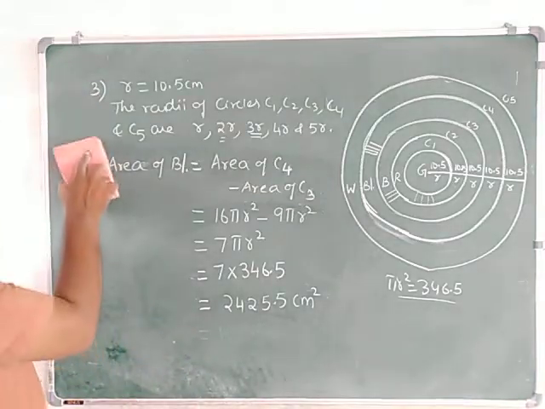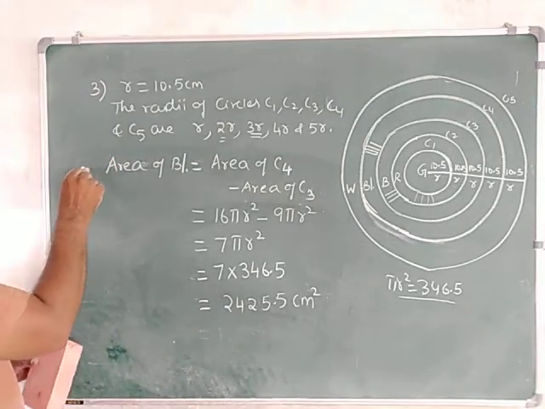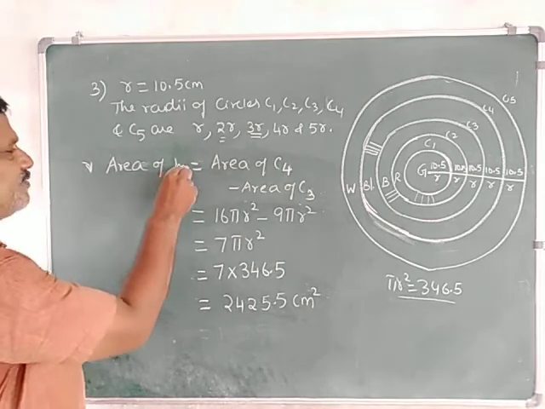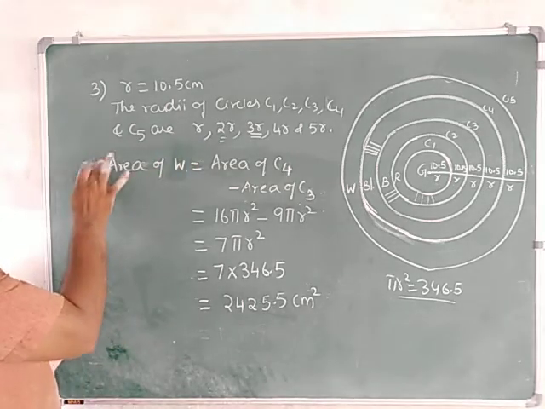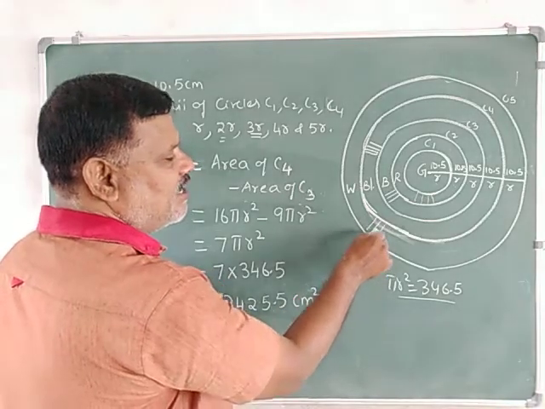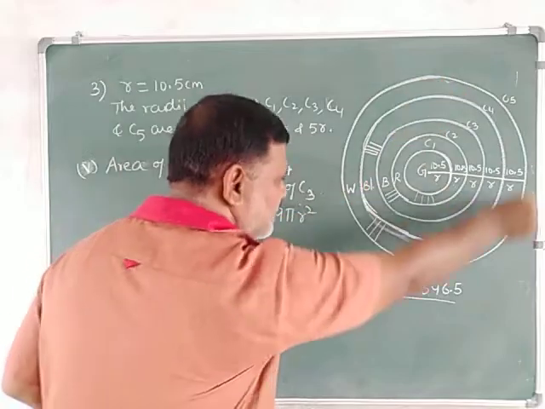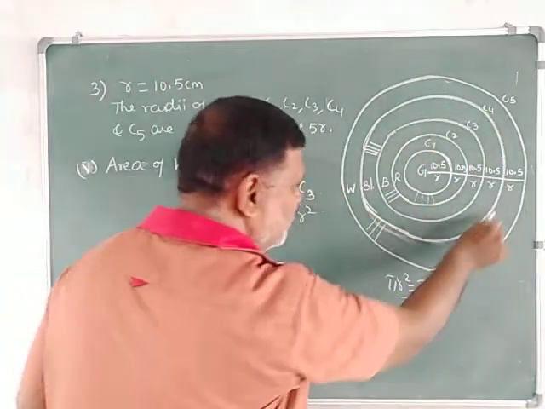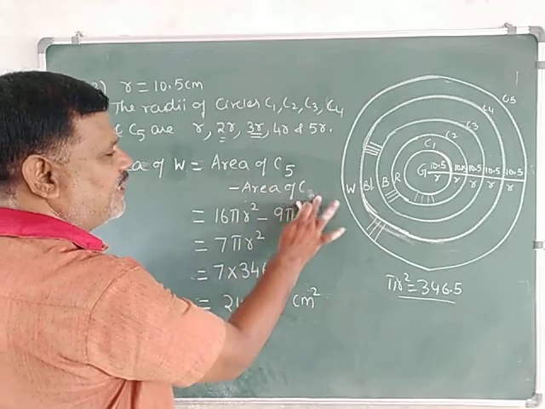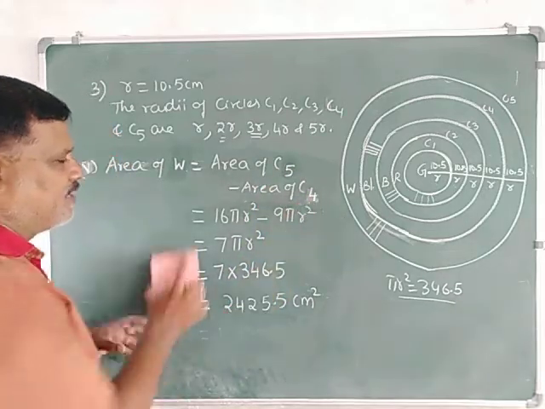Okay, and finally we are going to find the area of the white region. This region, isn't it? So the area of this region is the area of circle C5 minus the area of circle C4.